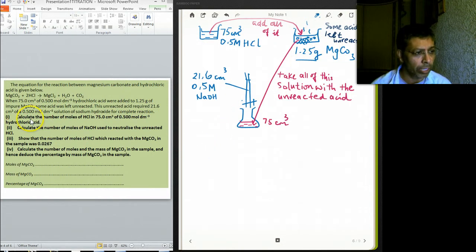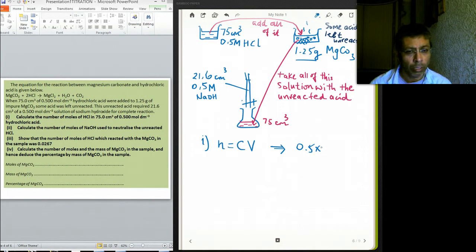The first question asks us to calculate the number of moles of HCl in this volume and 0.5 moles per decimeter cubed concentration. That should be fairly straightforward. We use our n equals C times V. Write down the formula: n equals C times V. C is 0.5 times the volume.